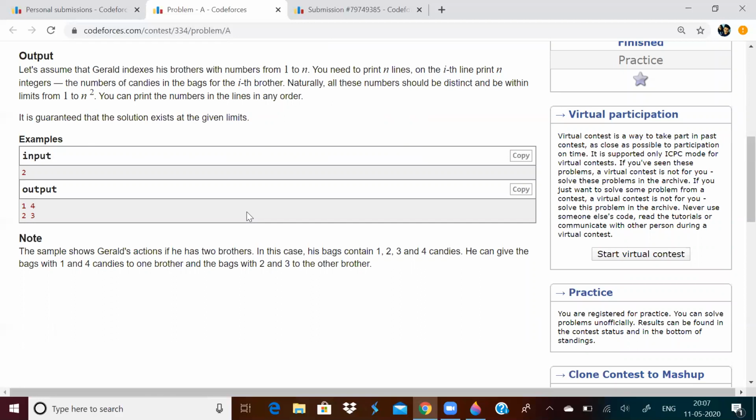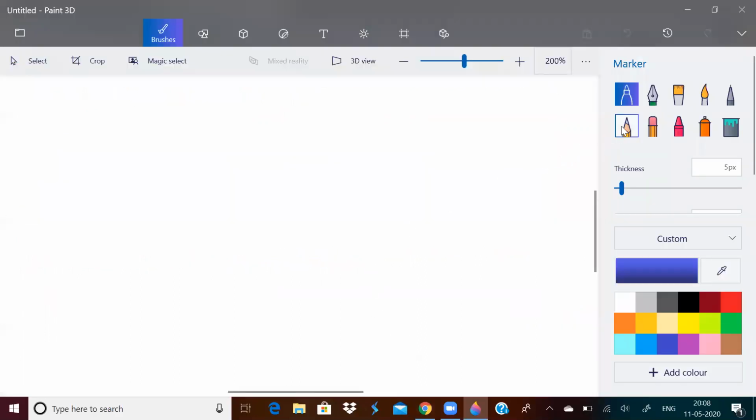We have this kind of distribution. Only this is possible. 1, 4, 2, 3. 2, 3, 1, 4 also is the same essentially because we don't differentiate the brothers. So 1, 4, 2, 3 is the only possible solution. How did they get this? Let us see that.